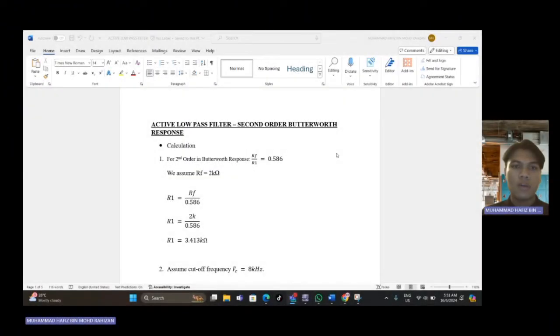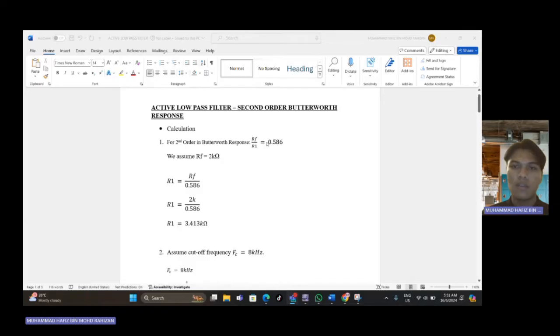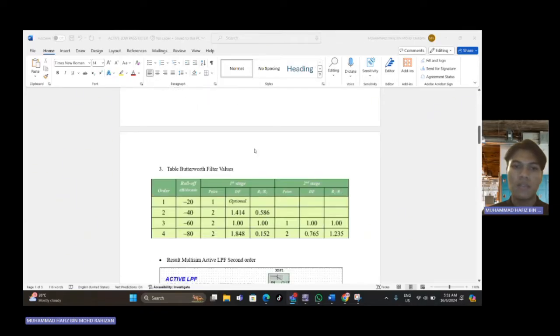So now I will talk about the active low pass filter, second order. First of all, I will introduce myself, Muhammad Hafiz bin Muhammad Raizat, and my matric number is B122310603. So the first calculation for the second order Butterworth response, as we know, RF will be divided by R1, so 0.586. How do we get the 0.586 from this table?